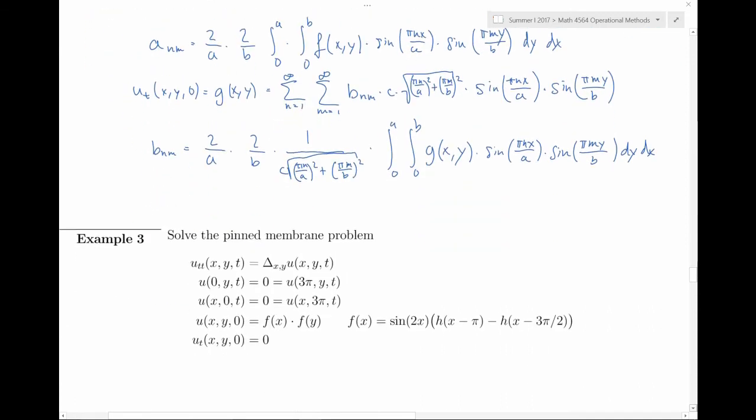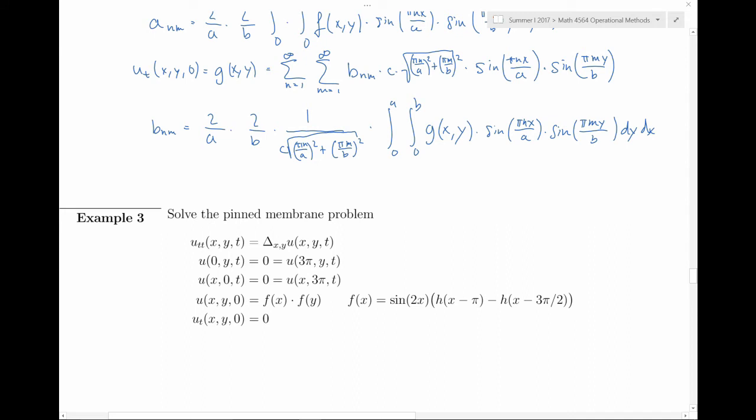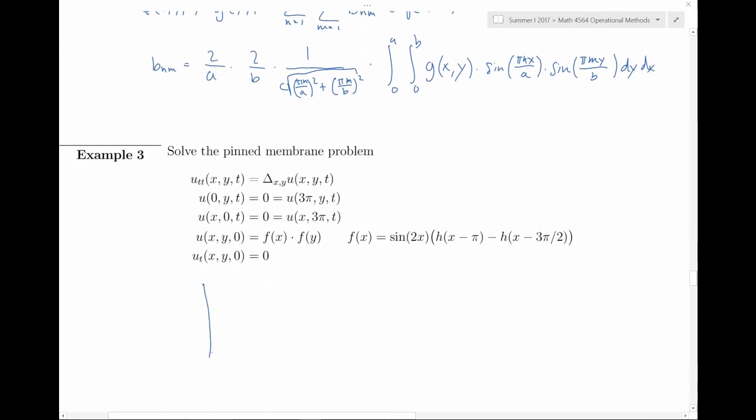So here I prepared a simple problem. I'm having an interesting initial condition that it's just the same function, but now it's when I plug in x and I plug in y and then multiply them together. And this function has an interesting graph. It's sine of x, but only for a small period of it.